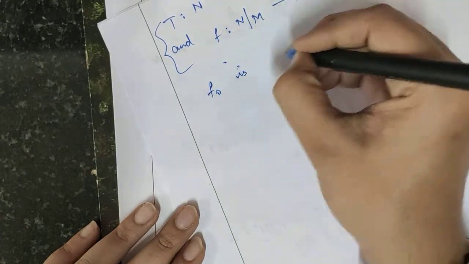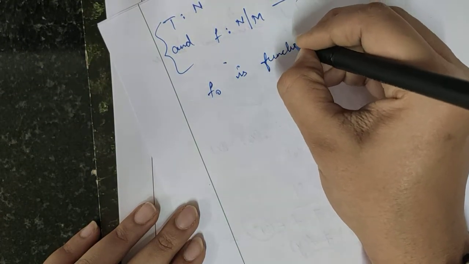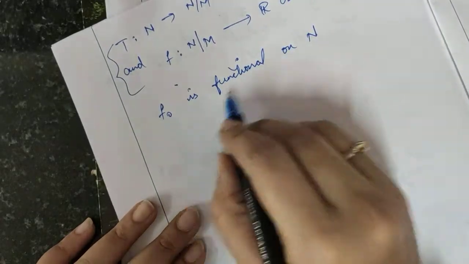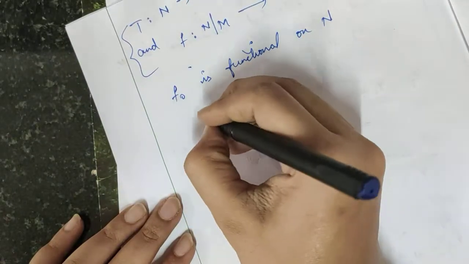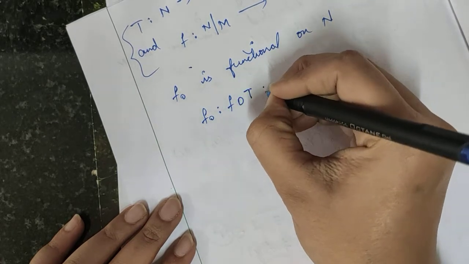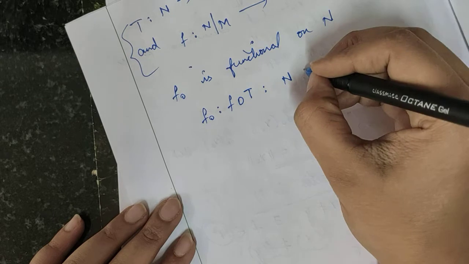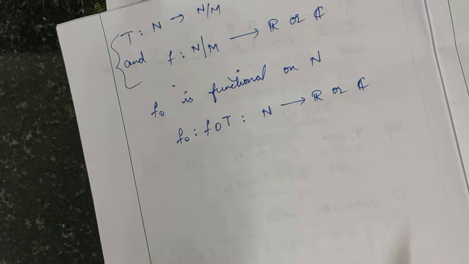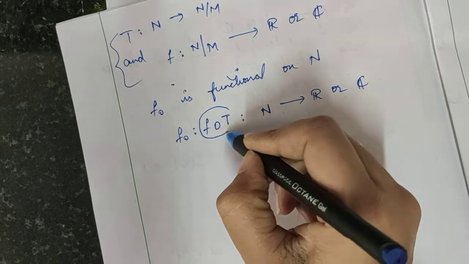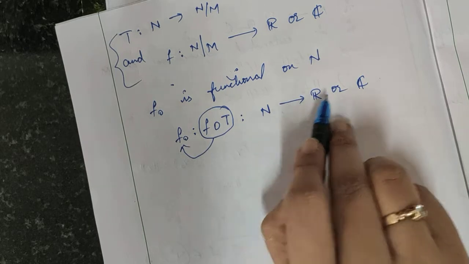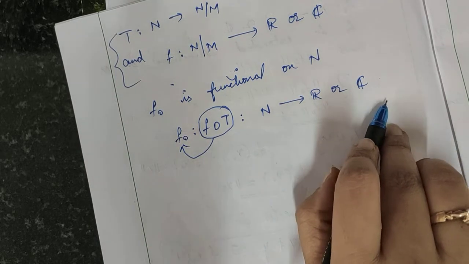So we can write f naught is a functional on N, and I can define f naught as f composition T from normed linear space N to R or C. We have two mappings, and using them we are defining the composition as f naught, and the mapping will be from N to R or C. Okay.